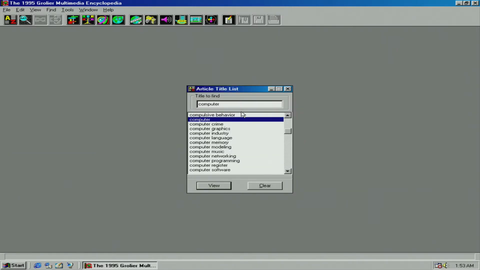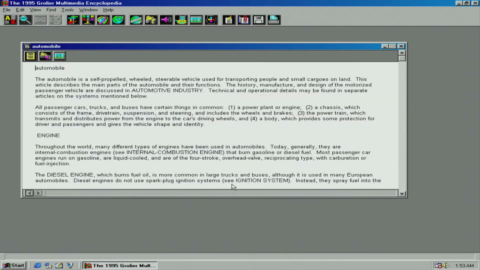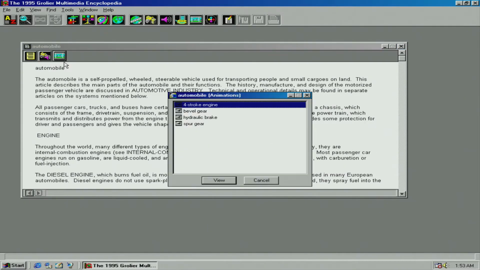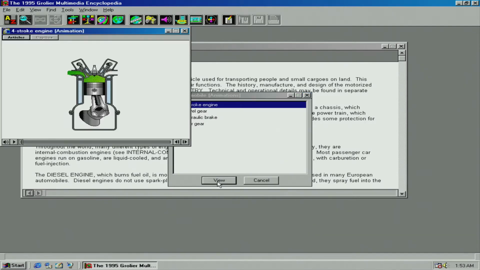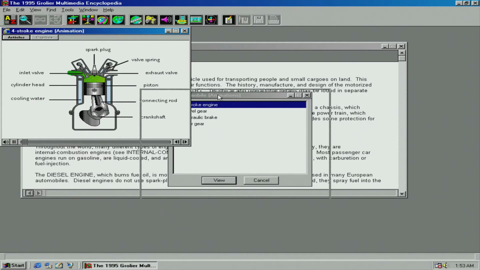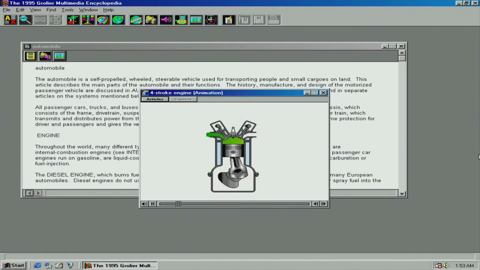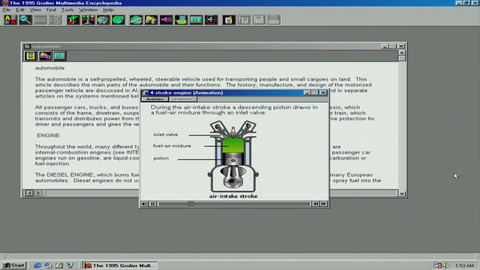Let's look up something else. How about the automobile? Here's some film stuff. A four-stroke engine, the type of motor found in most automobiles, uses 4 strokes in its power cycle: intake, compression, power, and exhaust. During the intake stroke, a descending piston sucks in air.